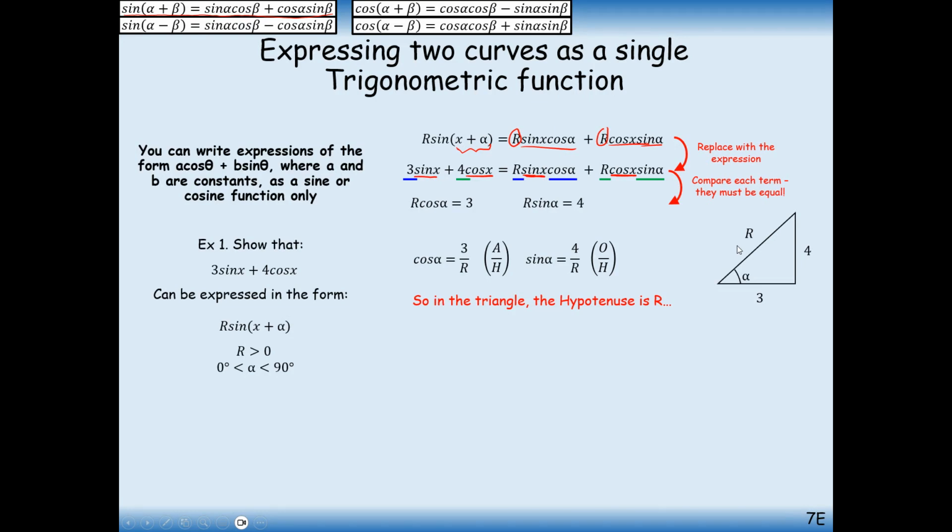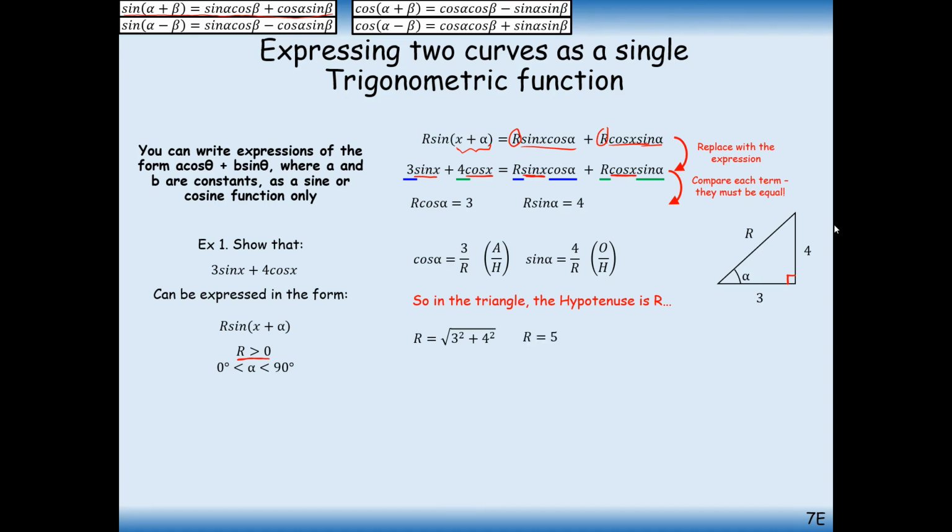Capital R goes for the hypotenuse of that triangle. So we're one step closer to calculating this value of R, because on this right angle triangle, all we have to do is use the famous, drum roll, Pythagoras to figure out the answer for R. So we take the square root of 3 squared plus 4 squared. Now, we all know that the answer to that is 5.